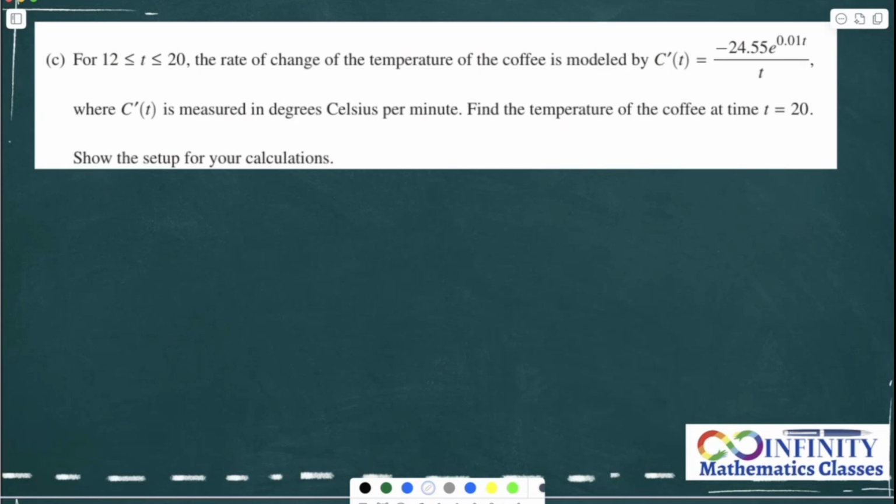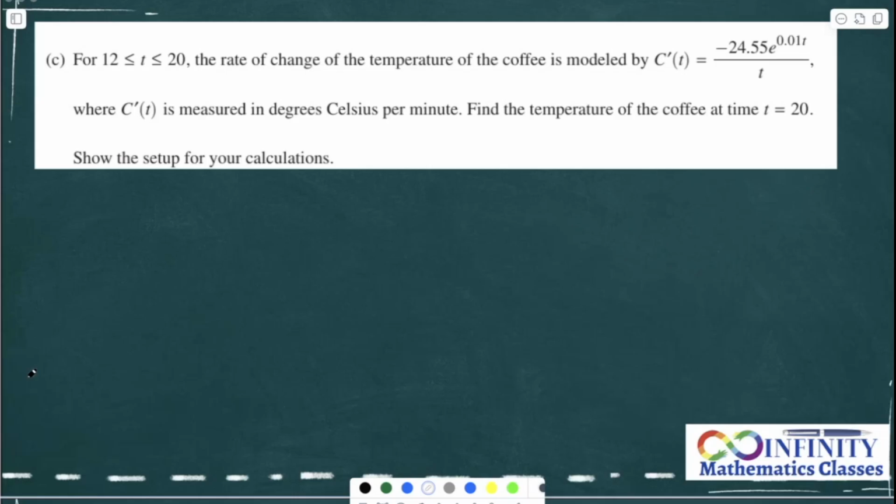Yes, C part. So for time t from 12 to 20, the rate of change of the coffee is modeled by C prime t, where C prime t is measured in degrees Celsius per minute. Find the temperature of the coffee at time t equals 20 and show the steps of your calculation.